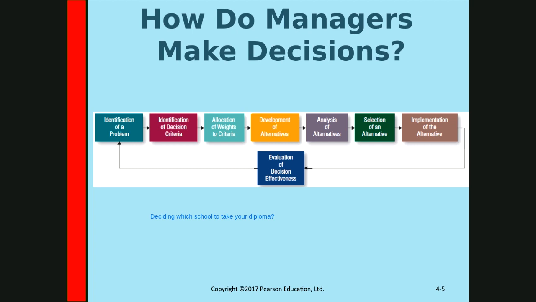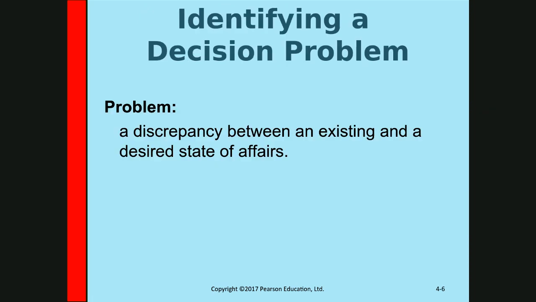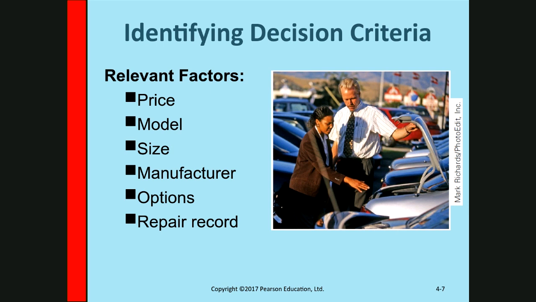So this will be identification of problem. Now the next step, when you identify decision criterion, we're using the example of looking for a school.